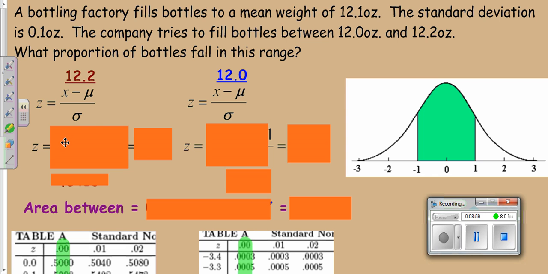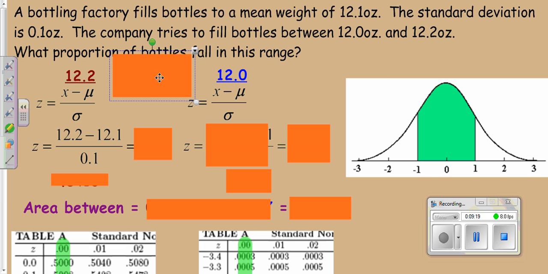Here's our z-score formula. We take our data value of 12.2 minus our mean over our standard deviation. We do our subtraction.